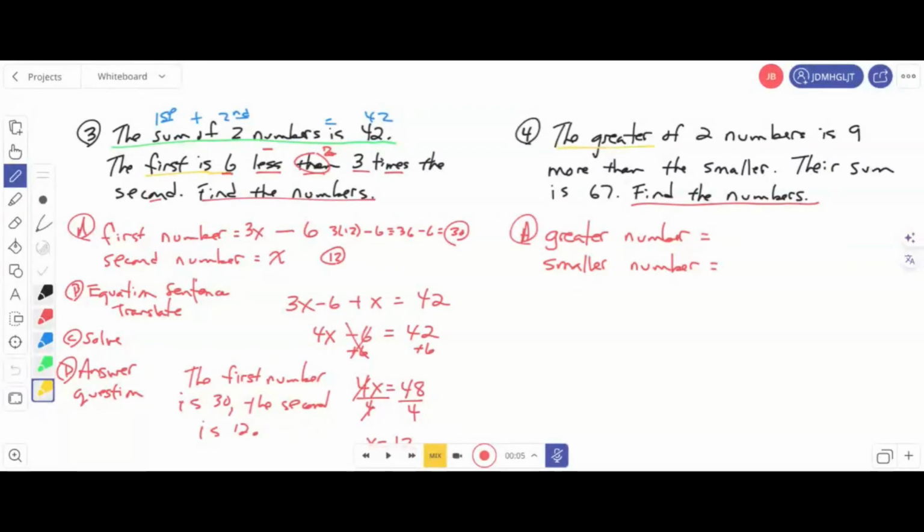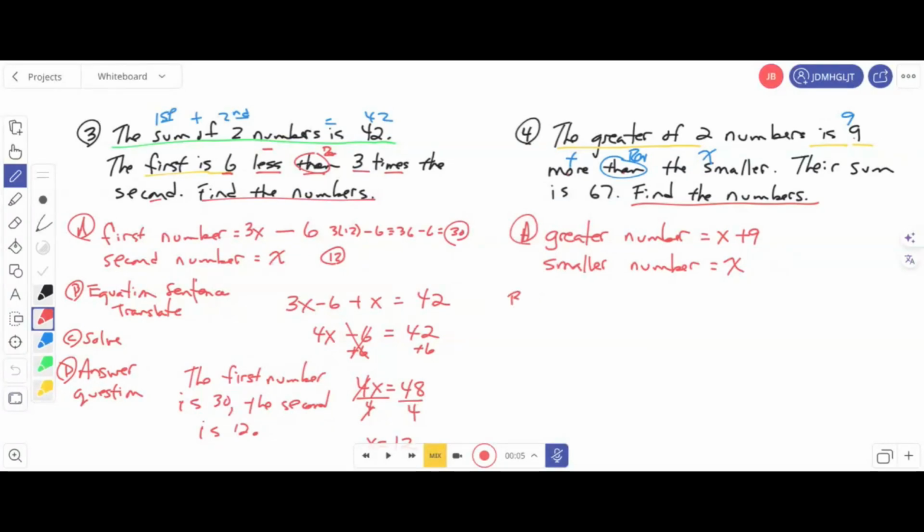Well, I have a sentence that says the greater is 9 more than, etc. There is no sentence that says the smaller is, so the smaller number will be called X. The greater number is 9 more than, so that's 9 plus, reverse word, 9 gets switched to the other side, the smaller is X. So plus, the 9 is on the right side of the plus sign because of the reverse word than. The smaller is X, it's written in front of the plus sign.